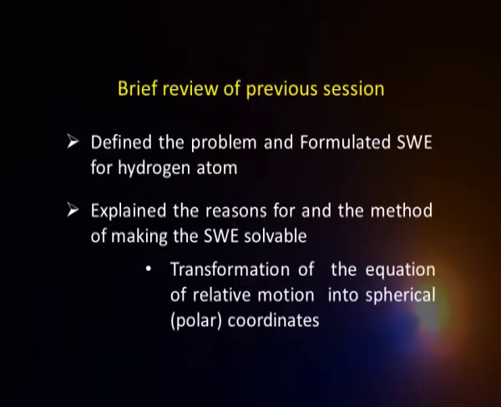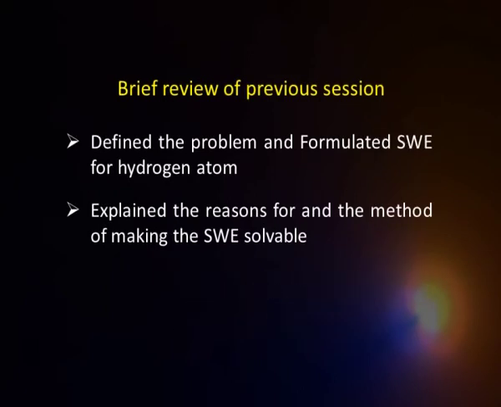So to sort out that issue, we transformed the equation into polar or spherical coordinates r, theta and phi. With that development, we could separate the equation into three smaller components, respectively the r equation, theta equation and phi equation.